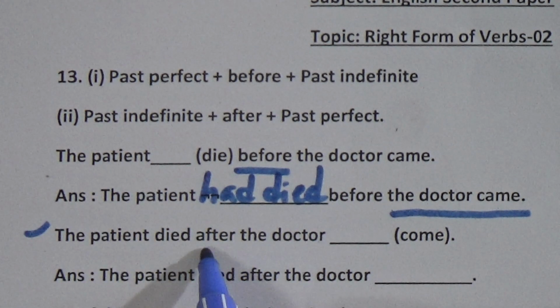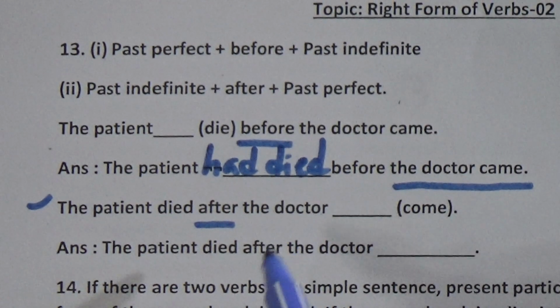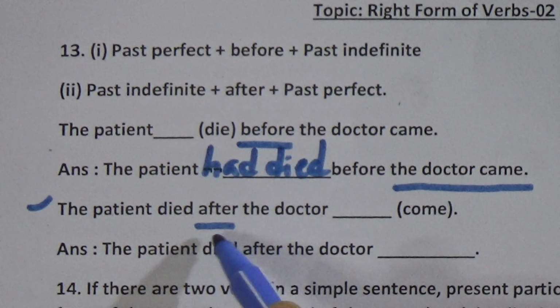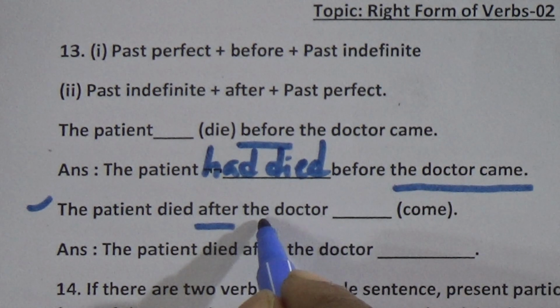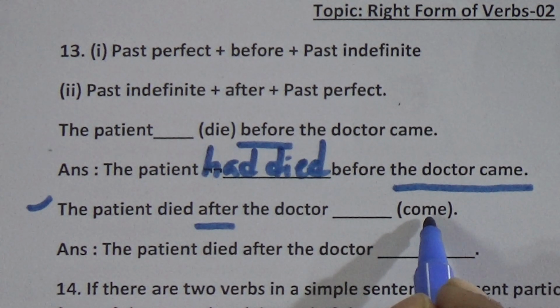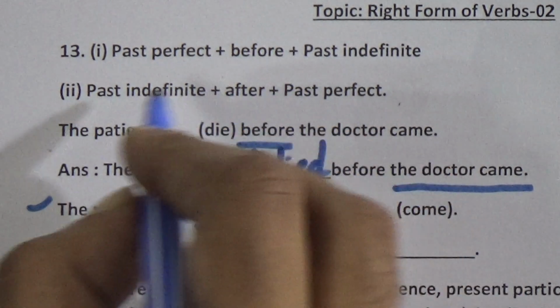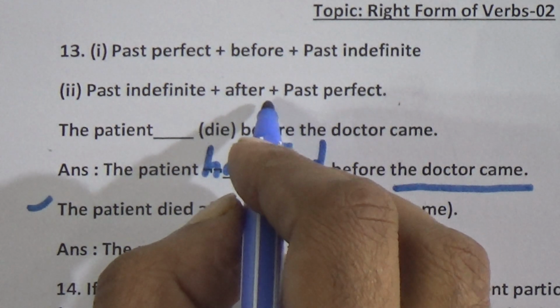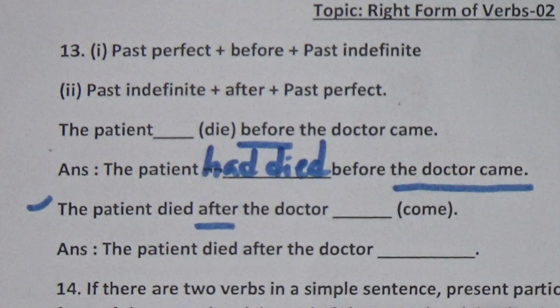Here we have written it using the conjunction after. After the conjunction after, the second clause will be in past perfect tense, because according to the second rule of rule number 13, past indefinite plus after plus past perfect.